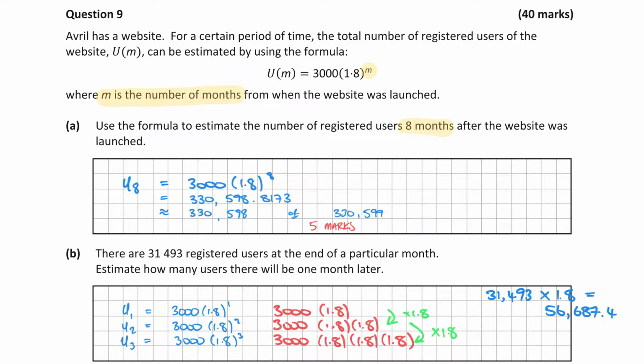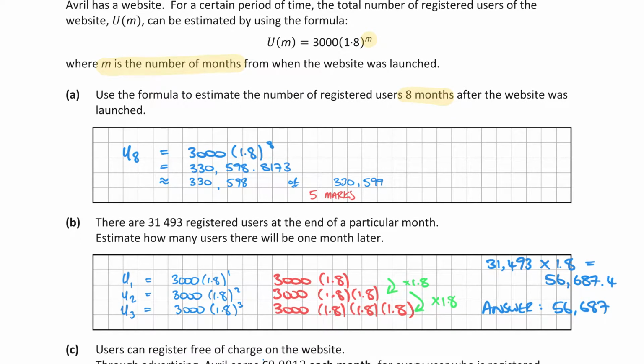So the answer there would be 56,687. And if you had got that, you would have scored 5 marks for that question.